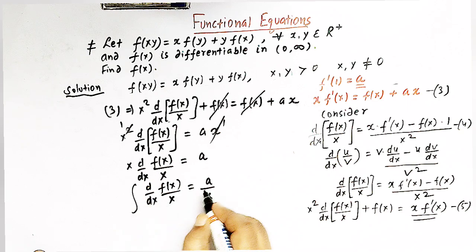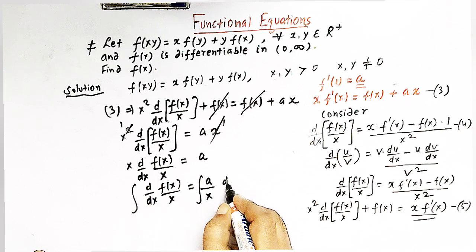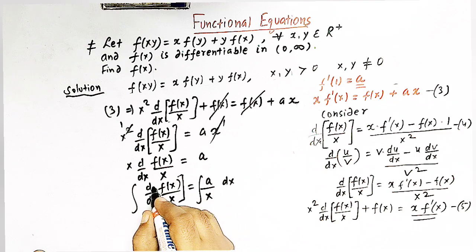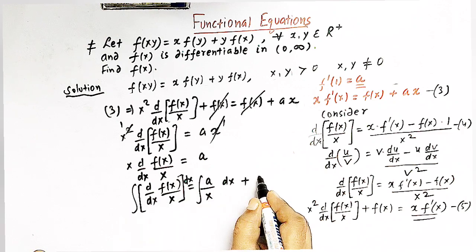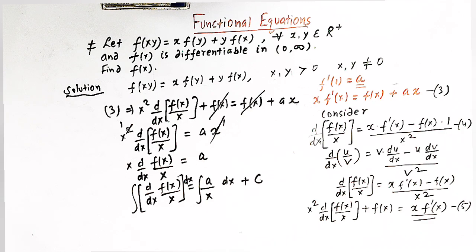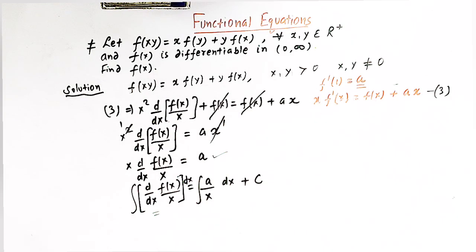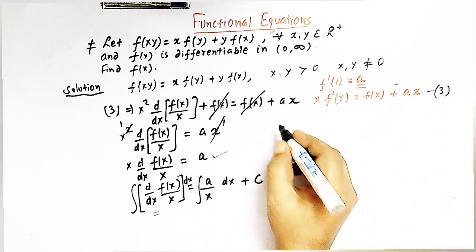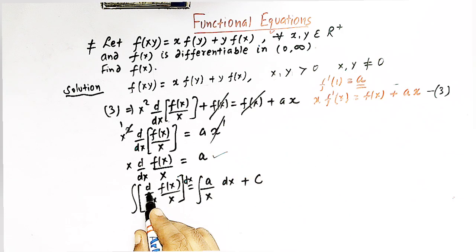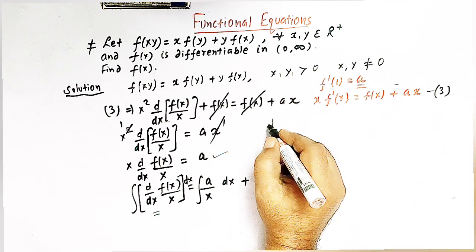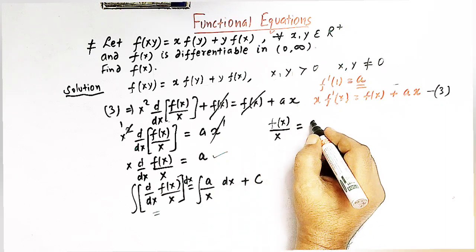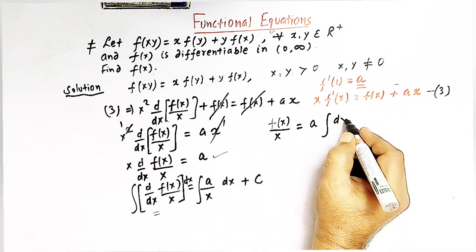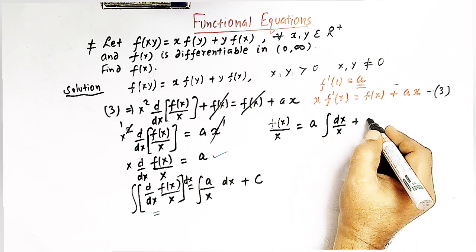Now integrating both sides with respect to x, right? So here we have dx, and here we have c as the constant of integration. So now in the left hand side, the integral of d by dx of f of x over x is simply f of x over x, and here we have a integral dx over x plus c.